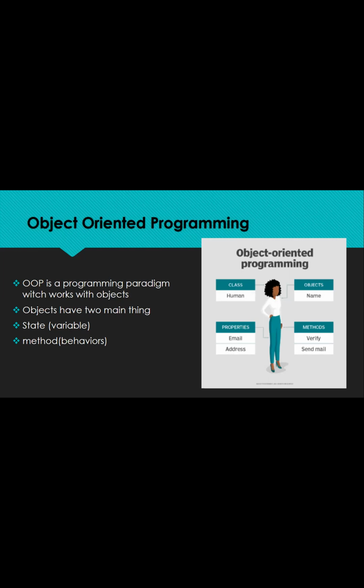In programming, here there is a photo. When it comes to class, this person comes in the human class, and is called an object. This object has a name. The class is human. But at the same time, can there be only one person in the human class? No, there could be many persons, isn't it?